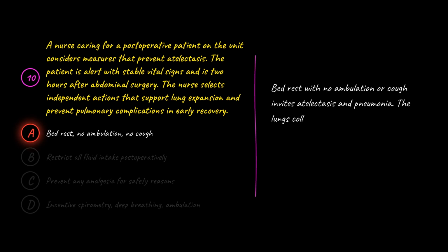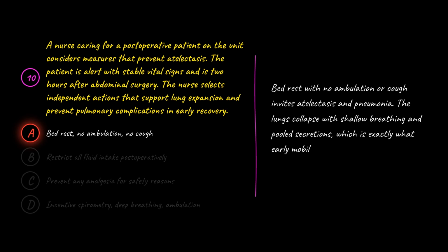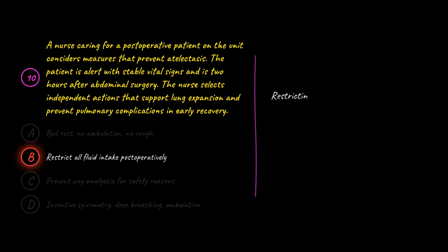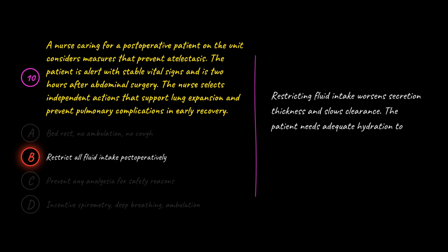The lungs collapse with shallow breathing and pooled secretions, which is exactly what early mobility and coughing maneuvers are designed to prevent here. B is wrong because restricting fluid intake worsens secretion thickness and slows clearance. The patient needs adequate hydration to keep mucus thin enough to mobilize, except in specific situations like fluid overload requiring restriction in the plan.